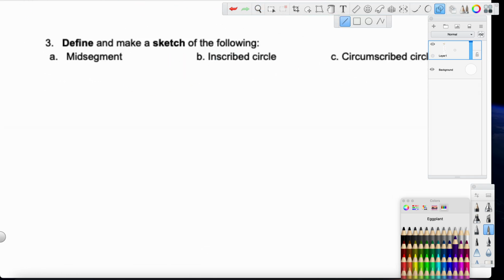Okay, so midsegment, again, we're talking triangles. Inscribed circle.